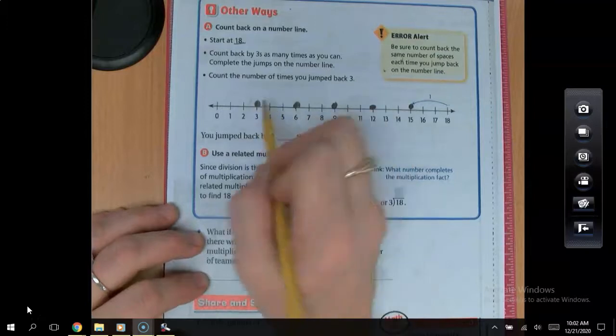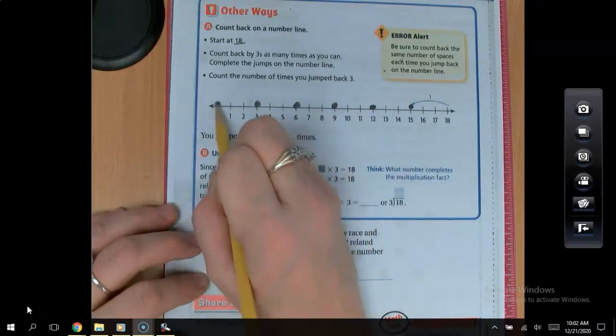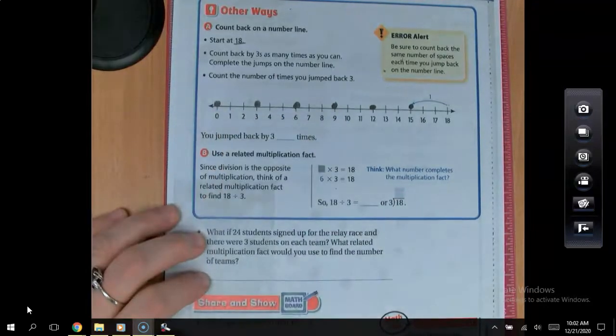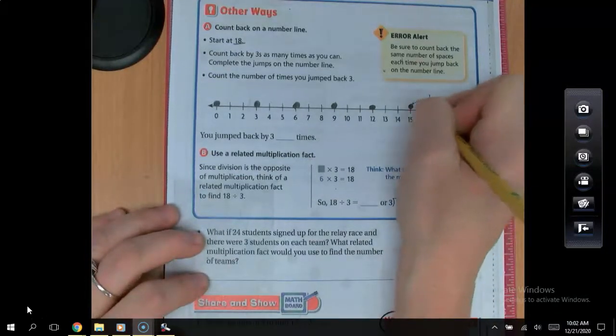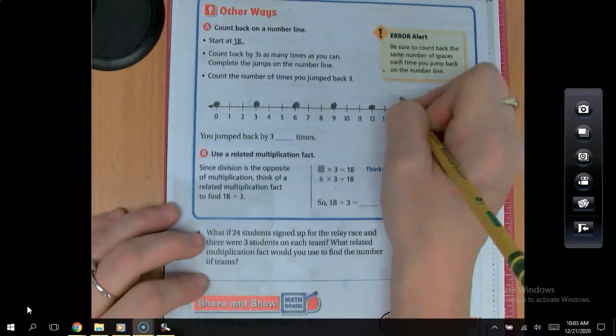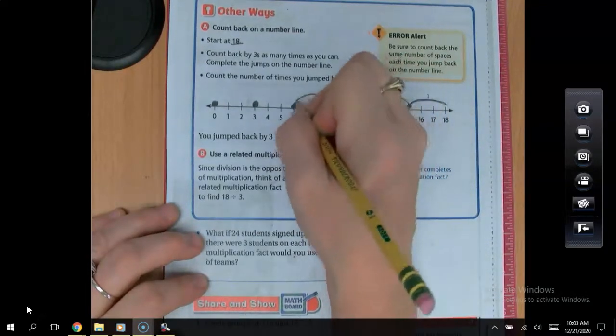My next one, if I counted it correctly, should end at 0. 1, 2, 3, and another dot. Now, I'm at 0. I know that I counted correctly. I'm going to connect my dots. So go ahead and connect your dots.